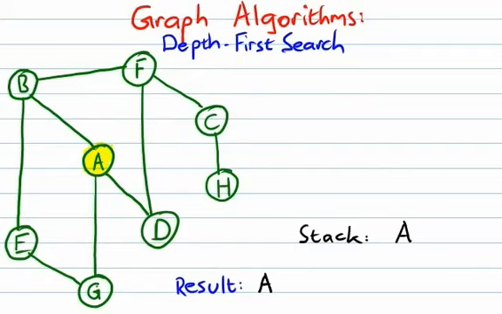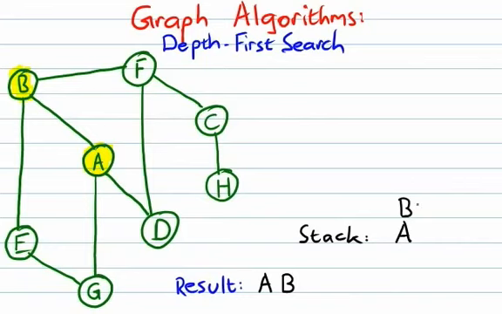So that's B, D, and G. And we're going to visit the first of these in alphabetical order, which is B. So we take the vertex B, we push it onto the stack, we visit it, and we mark it as visited. And now we repeat the procedure.